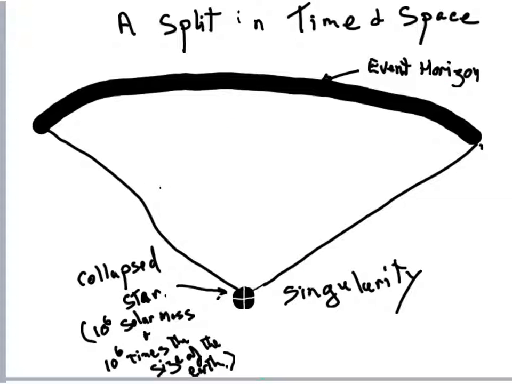So this particular object is now so dense that it bends space and time. Now, if I'm on Earth and I throw an object up, that object is going to fall back to Earth. If I throw it a little further, it goes further and it falls back.